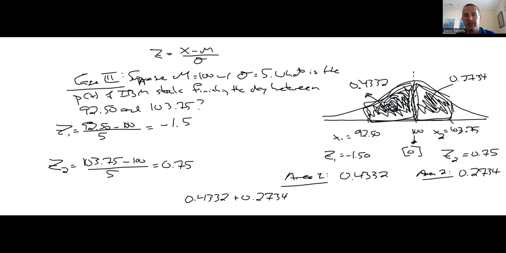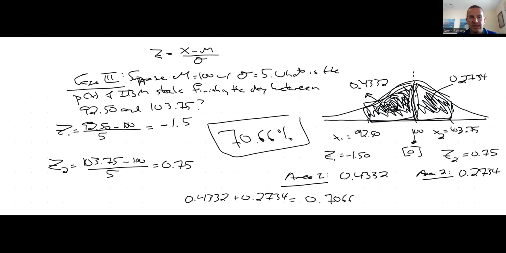So we take this area plus this area, and we just calculate it here: we have 0.4332 plus 0.2734 gives us 0.7066, or there is a 70.66% chance that IBM stock will finish the day between 92.50 and 103.75 if the average is 100 with a standard deviation of 5.